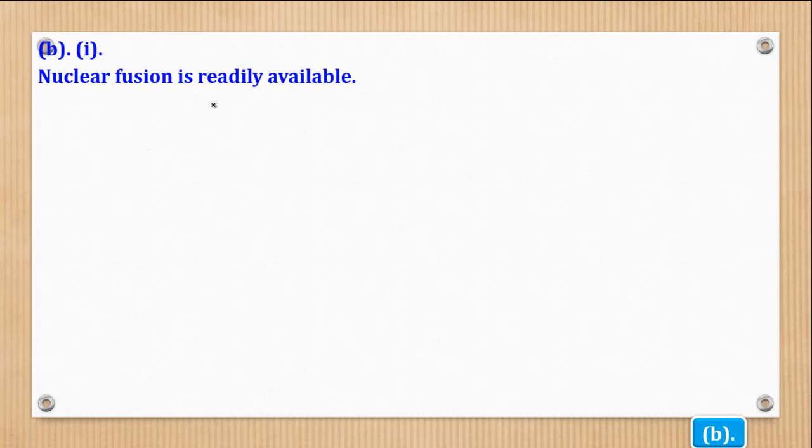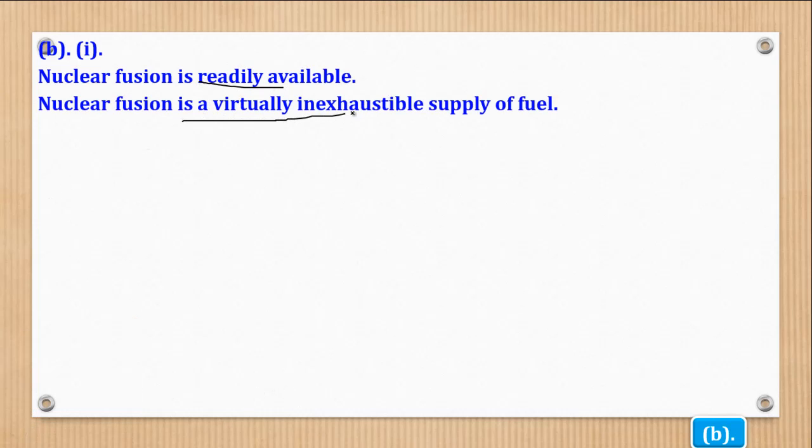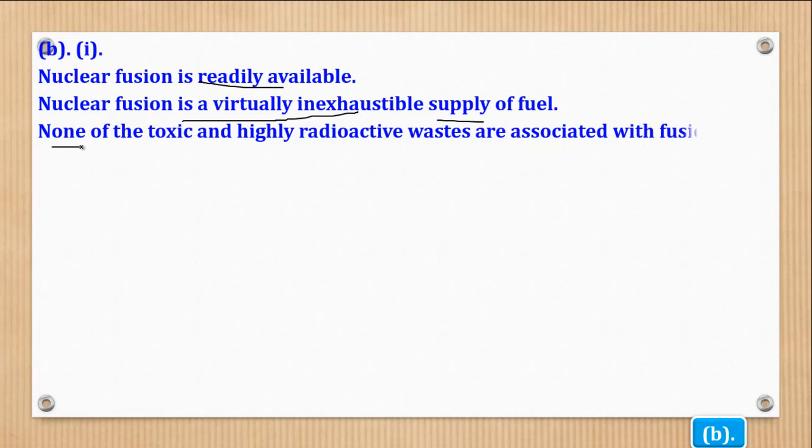One, we shall say nuclear fusion is readily available. And two, it is a virtually inexhaustible supply of fuel. And three, none of the toxic or highly radioactive wastes are associated with fusion. That was Roman 1.